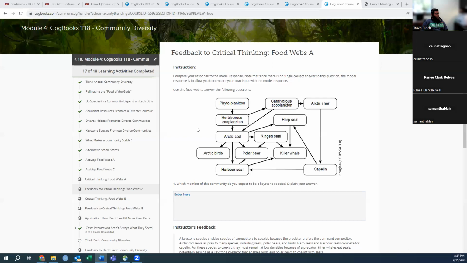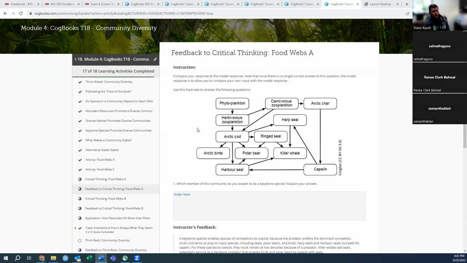Another one to look for is doing a back count of how many organisms the perceived keystone species affects. The more species you can link it to by going through those back arrows, the more likely it is that that is the keystone species in that example.